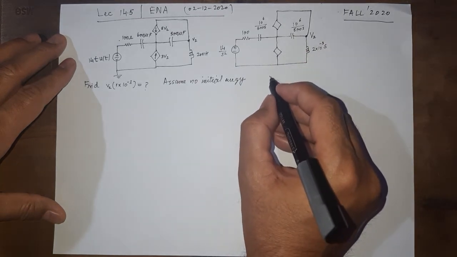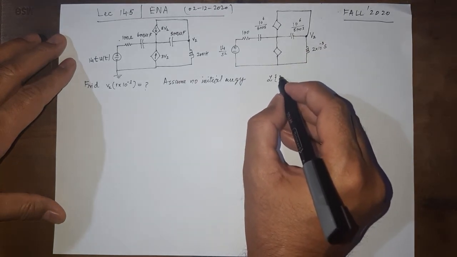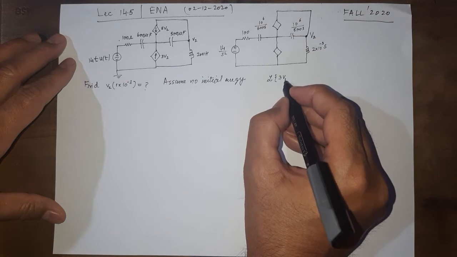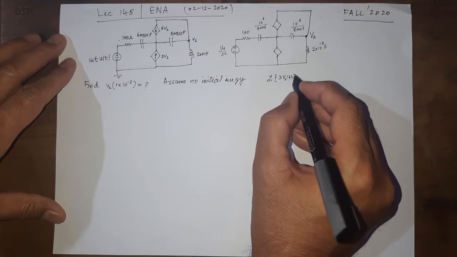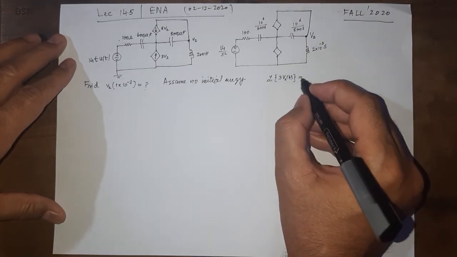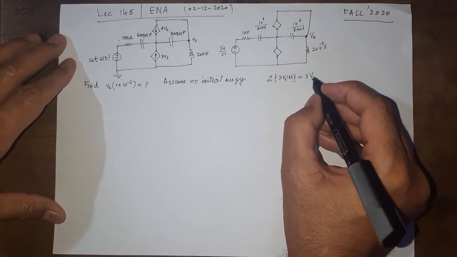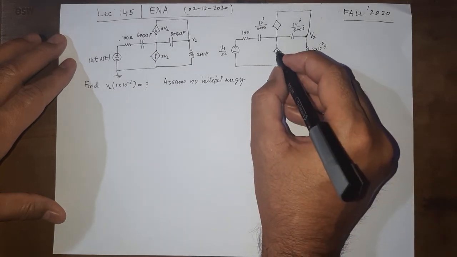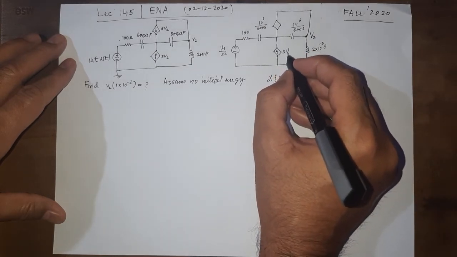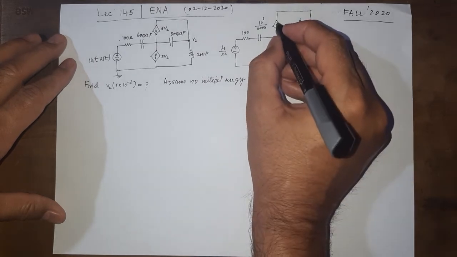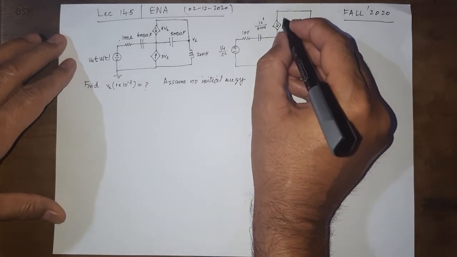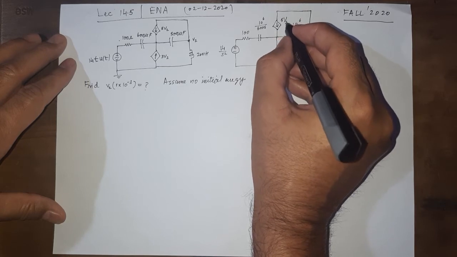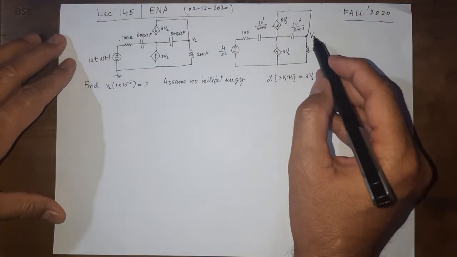So the Laplace transform of 3 times V2(t), a constant and a function in the time domain, will become 3 V2(s). That's it. So it will just be written as 3 V2, not 3 V2 over s. A lot of people make this mistake. Why they do this is unclear, but it's very important.